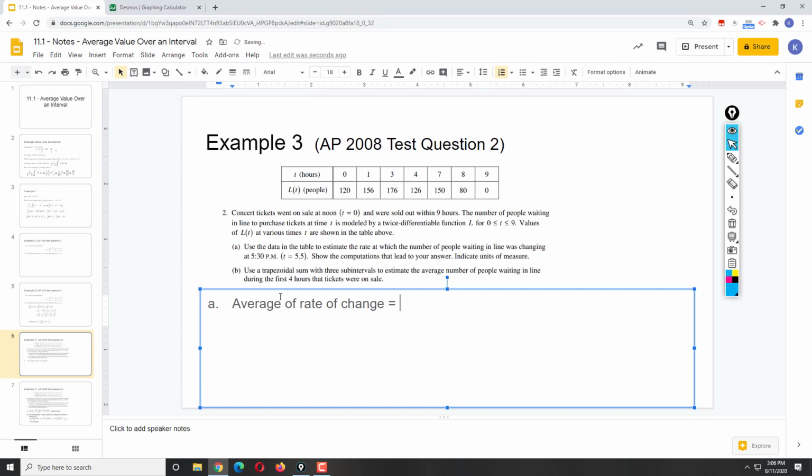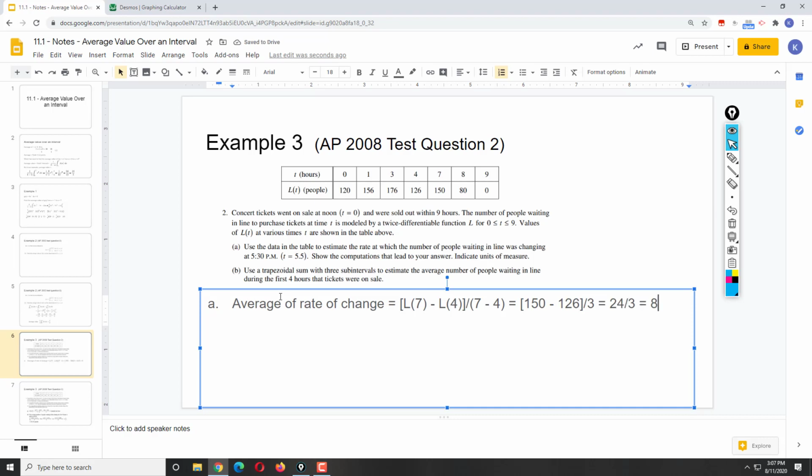So we can use L(7) minus L(4). Remember, average rate of change is like finding slope. Divided by 7 minus 4, which gives us 150 minus 126. Let's divide by 3. 24 divided by 3 is 8.